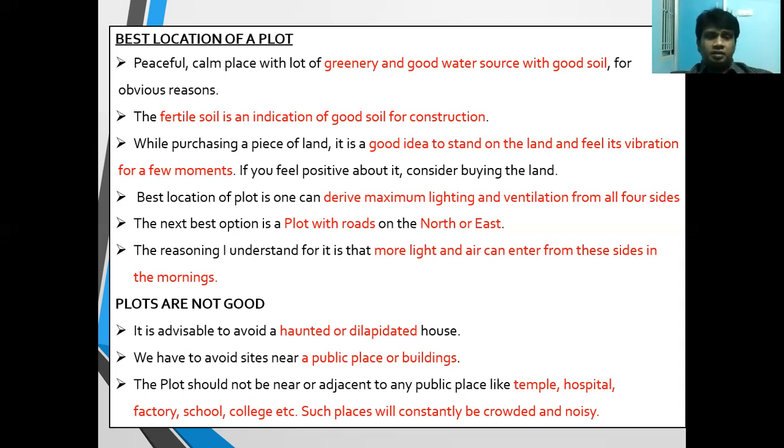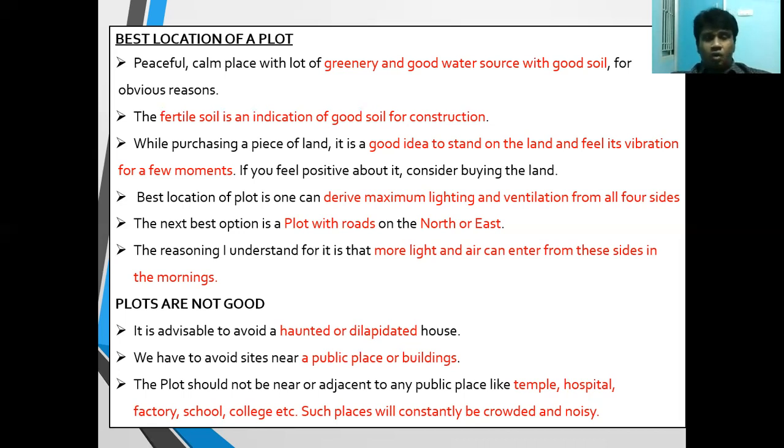Some plots are not good. It is advisable to avoid a haunted or dilapidated house. What is the meaning of dilapidated house? It is a house in disrepair. Don't go and buy a house in disrepair.